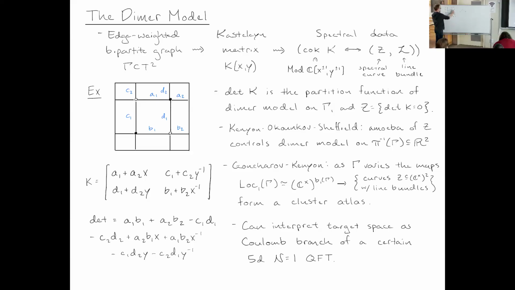And then if I keep going here, I will arrive at this picture, which you will notice is the Newton polygon of that equation in the bottom left here, up to a translation. So there's a constant term, there's an x term, a y term, an x inverse, and a y inverse.